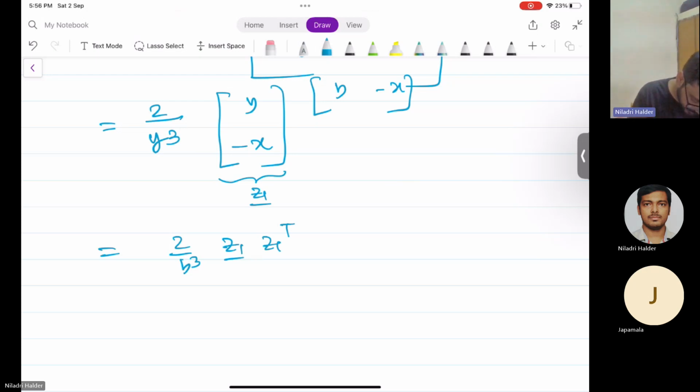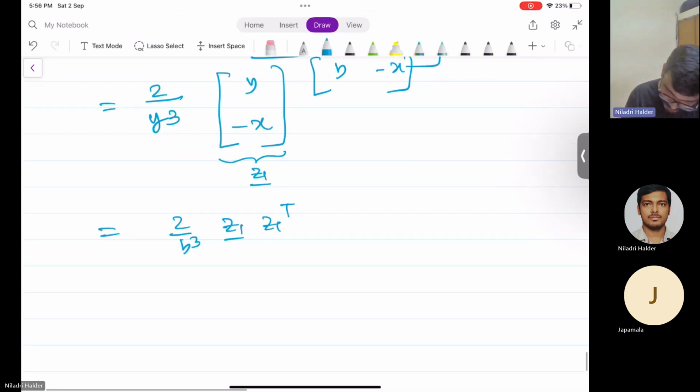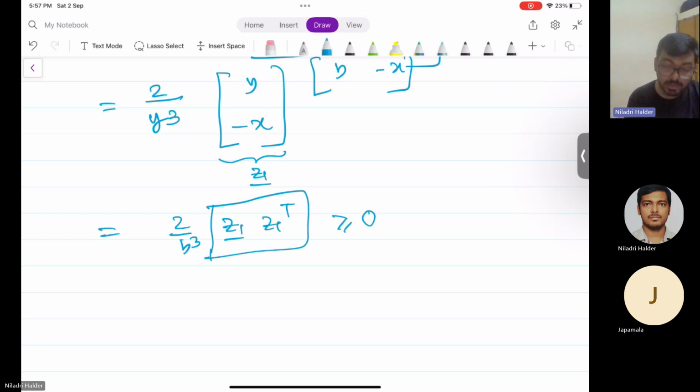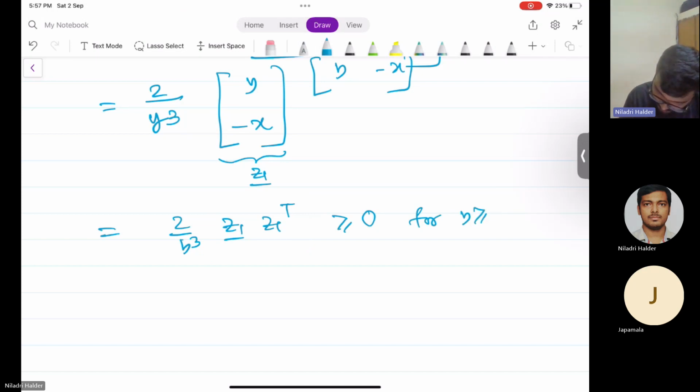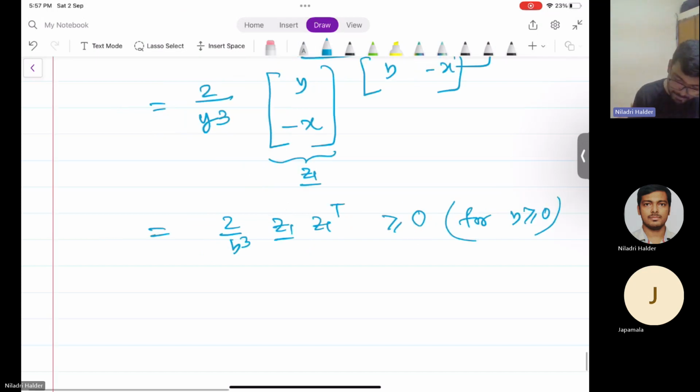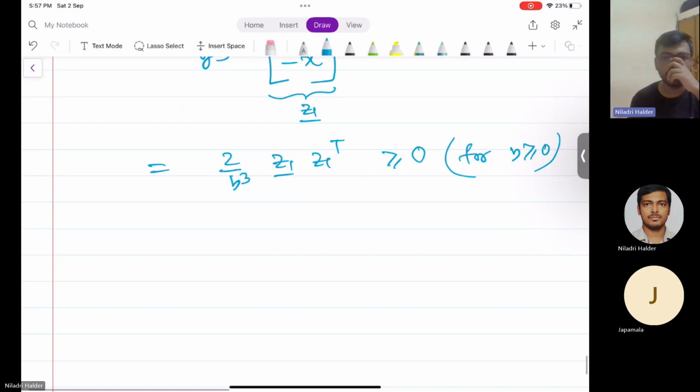And as we are writing, this is a positive definite matrix, because we can write this as z1 transpose due to the structure, for y greater than or equal to 0.